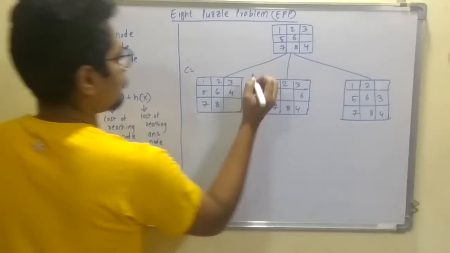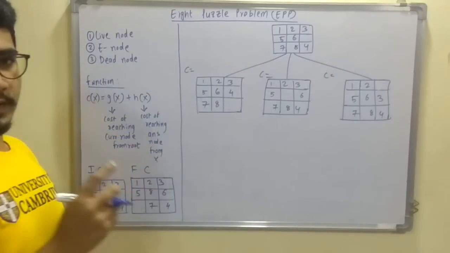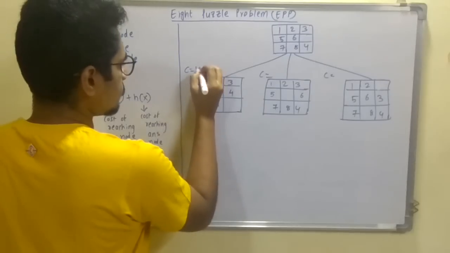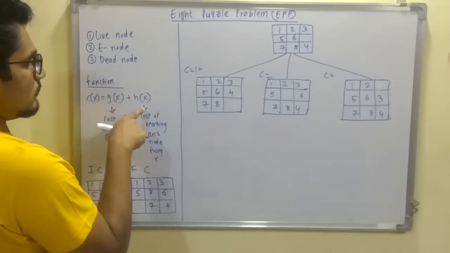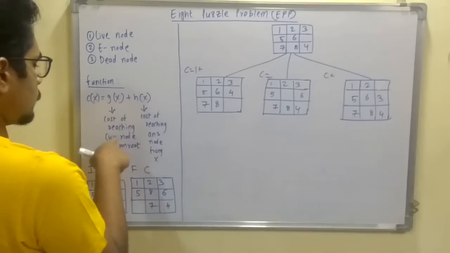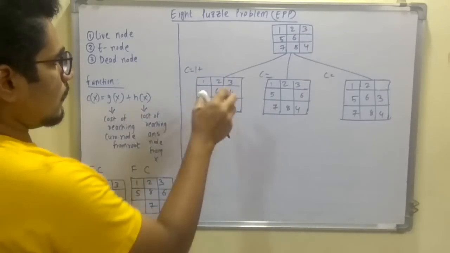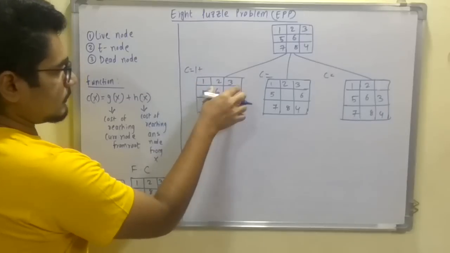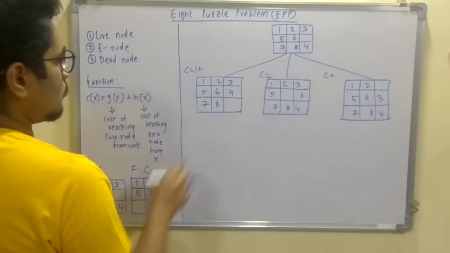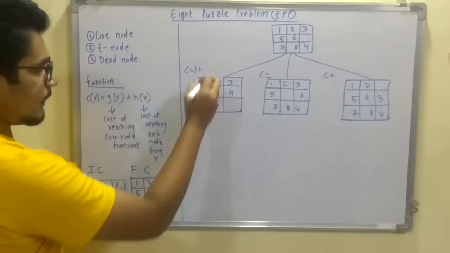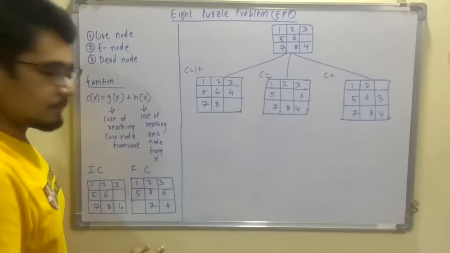So we calculate C for each of these. Since this is the very first move, we add a 1, which is the G of x, the cost of reaching the current node from the root node, and we write that value here. Now you have to compare this matrix with the final configuration. 1, 2, 3 remains intact, so no change there. Then 5 is in its place.